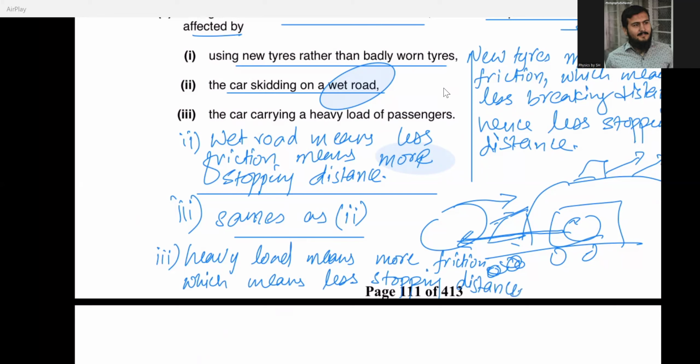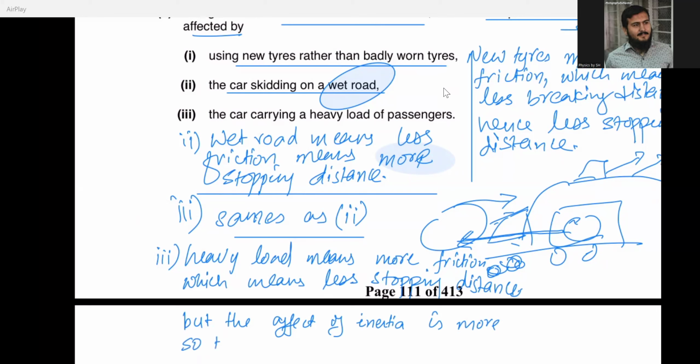Less stopping distance. But the effect of inertia is more.